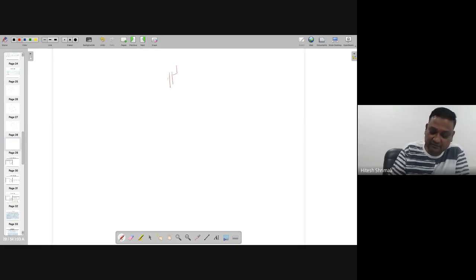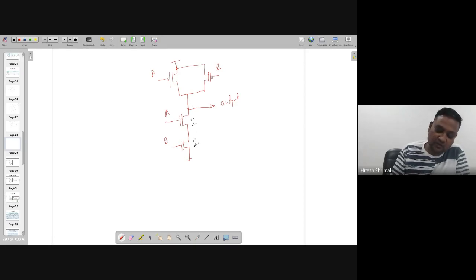Like, if I want to find out the logical effort for a NAND gate like this, I know that to make this 1, I need to keep them 2 each, so that this will become 1.